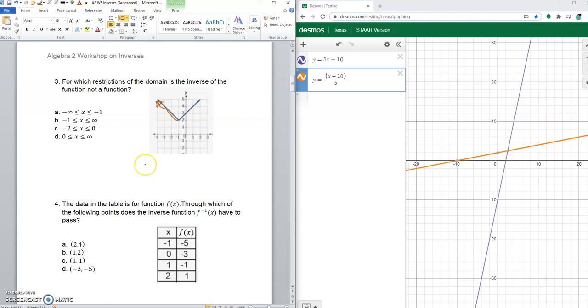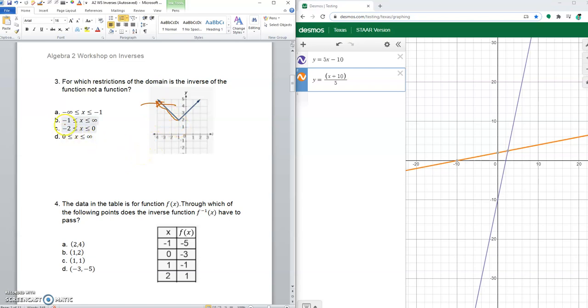And so that restriction will give the inverse a function. Let us review that it is not a function if it does not pass the horizontal line test. And if you draw a horizontal line on this one right here, it will pass that test. So therefore, this is not the answer because this will create a function.